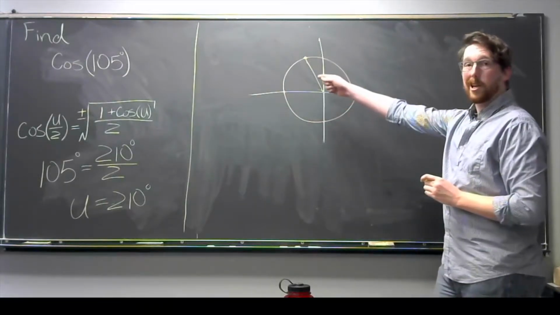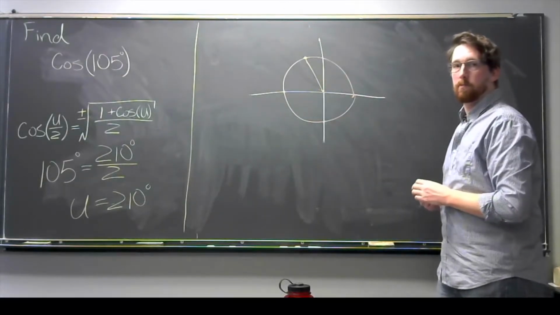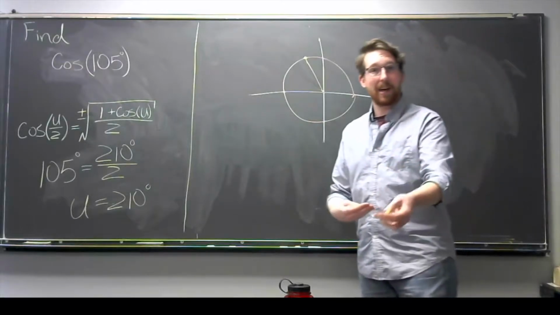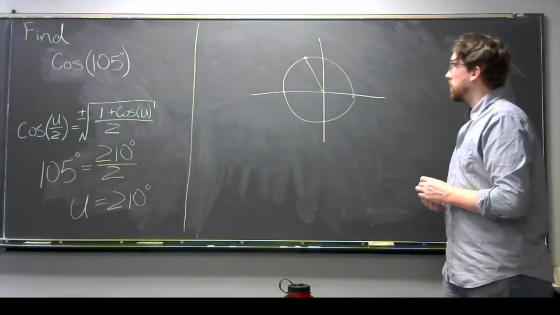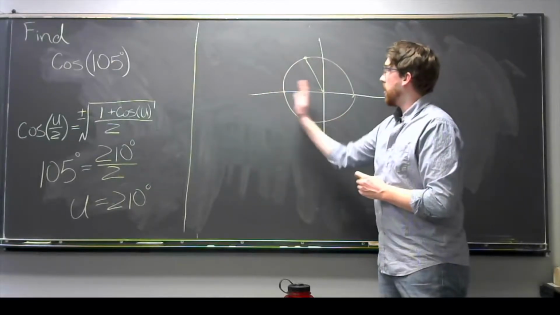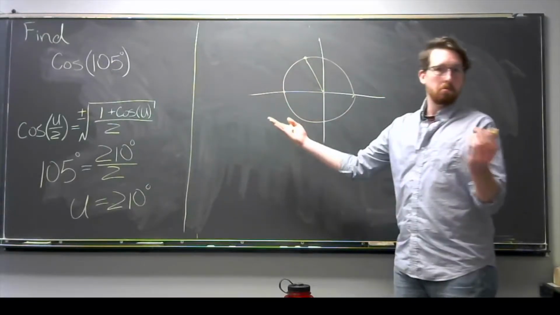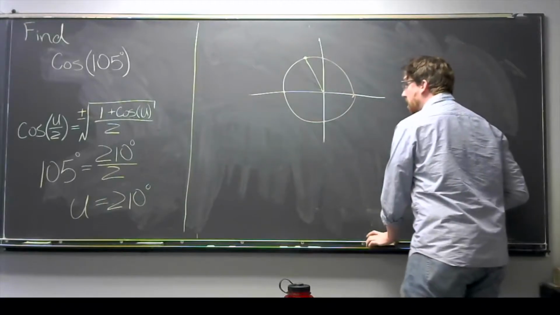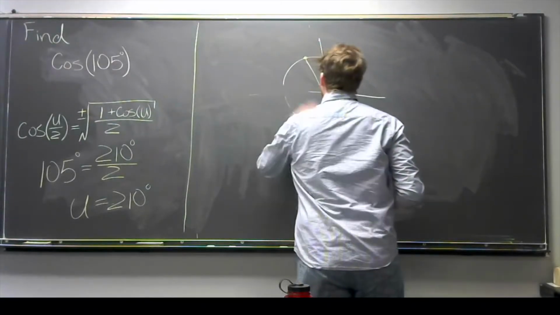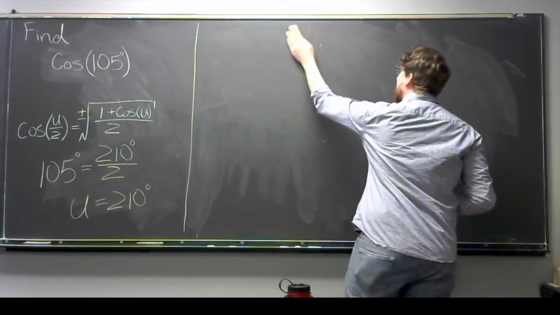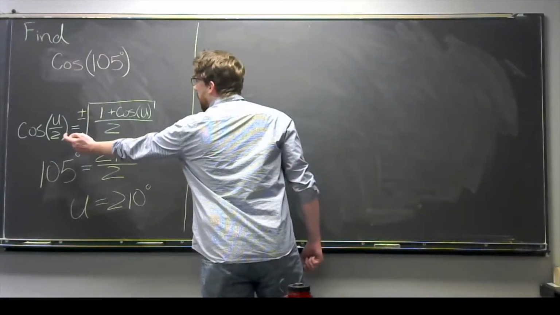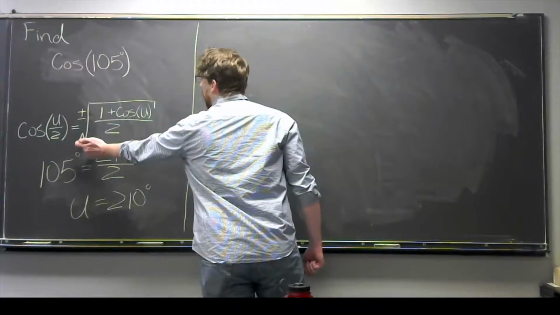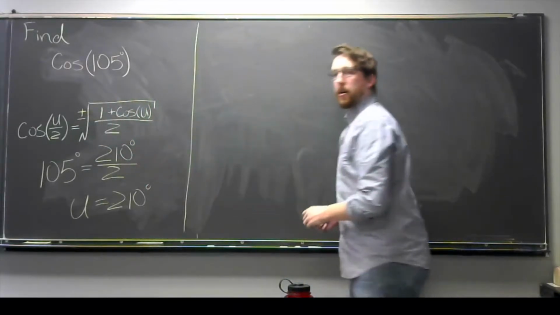Well, that means cosine is going to be negative because cosine corresponds to the x value along the boundary of our unit circle. And over here, our x values are going to be negative. So we know that we're going to have the negative case. We're going to need the negative square root of everything inside.